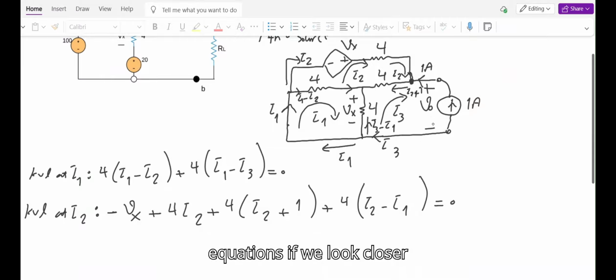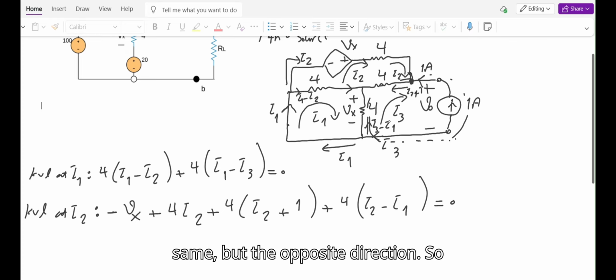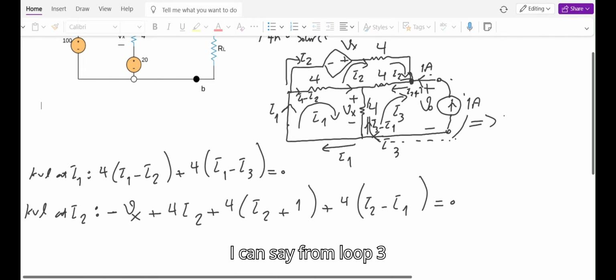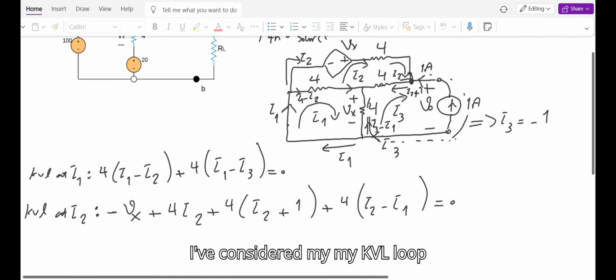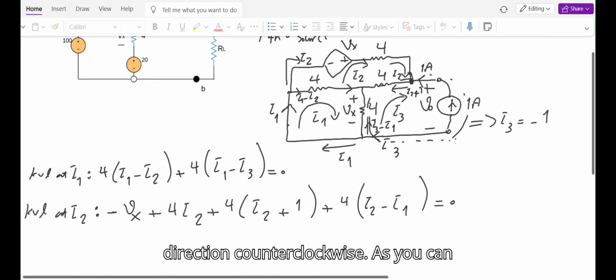If we look closer at loop 3 over here, I3 is nothing but this current source, but in the opposite direction. So I can say from loop 3 that I3 is -1 because I've considered my KVL loop direction counterclockwise.